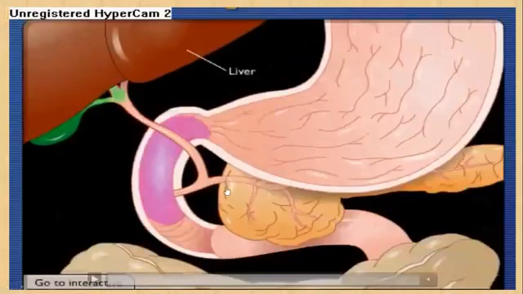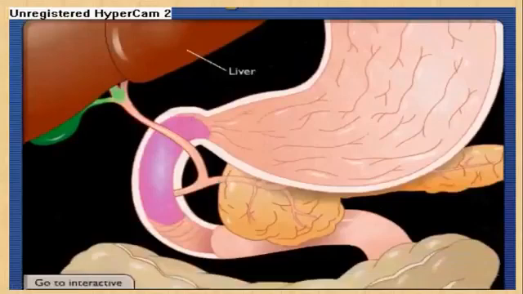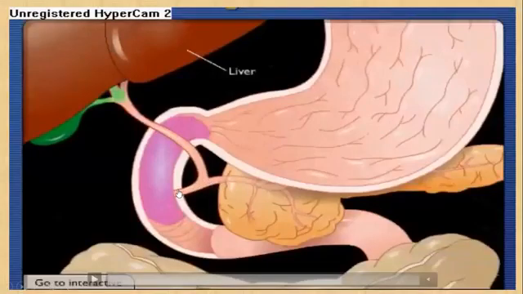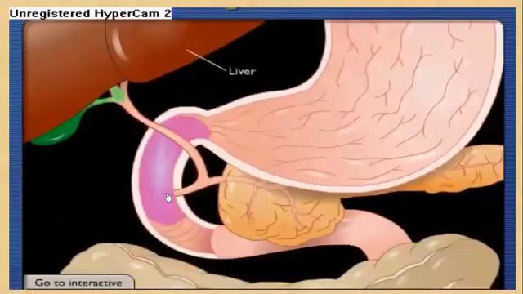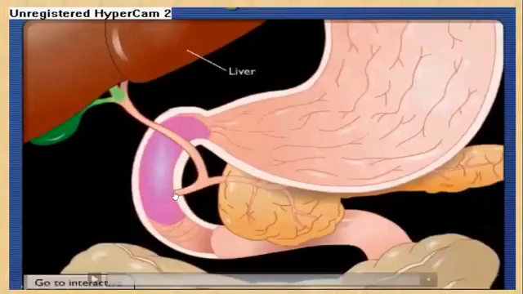So pancreatic amylase digests carbohydrate; pancreatic protease digests protein; pancreatic lipase digests lipid; and pancreatic nuclease digests nucleic acid. Both ducts join as the common bile pancreatic duct, and there is an aperture called the ampulla of Vater, and from that ampulla they discharge the bile.